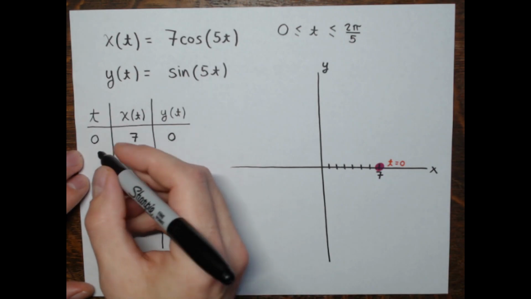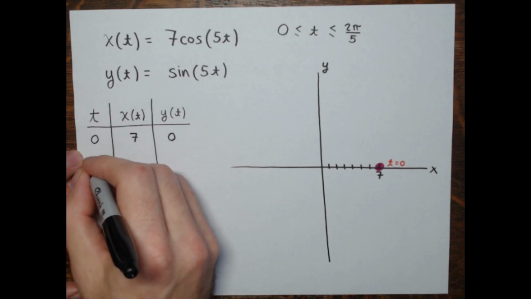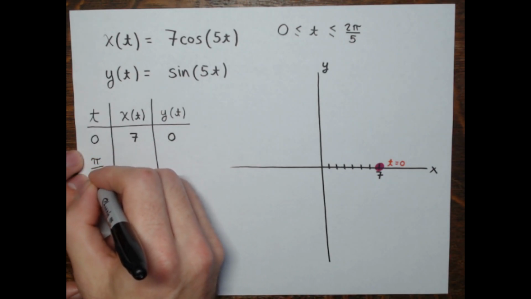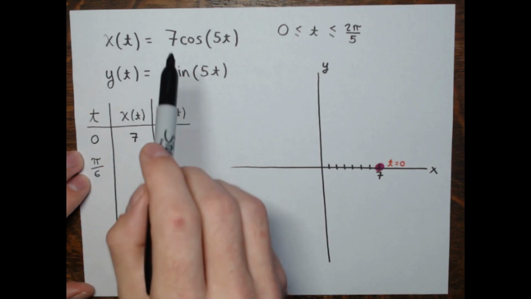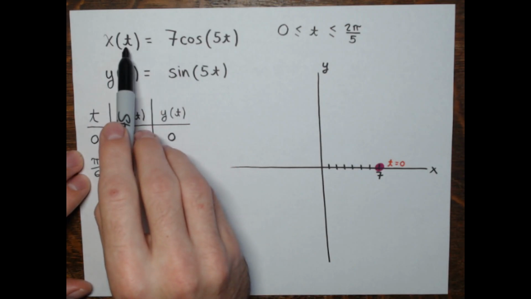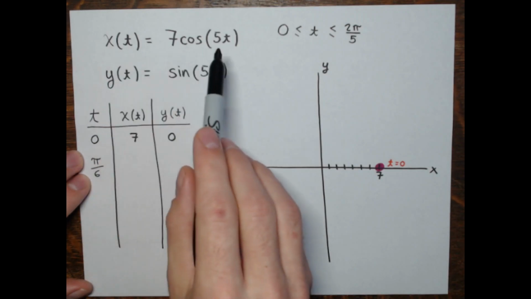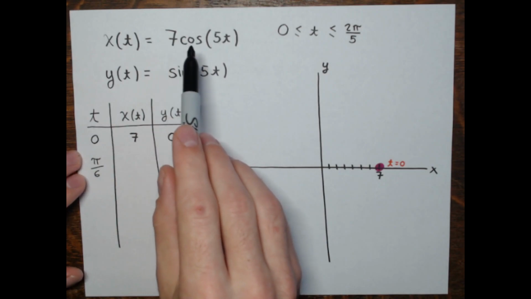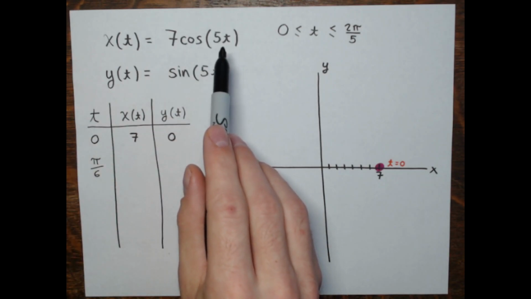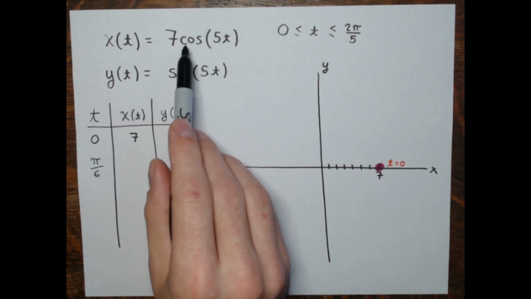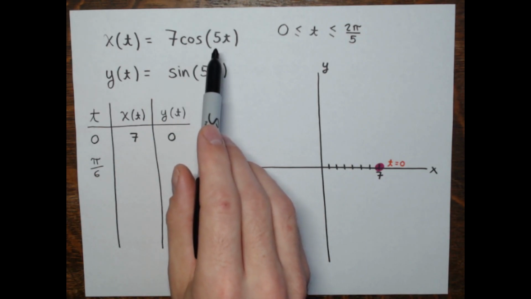Okay, and then the next value they have in the table in the homework problem is pi over 6 for t. Now, when I plug in pi over 6 here, you get 7 times the cosine of 5 pi over 6. I'm not going back to the unit circle or re-explaining any of that.